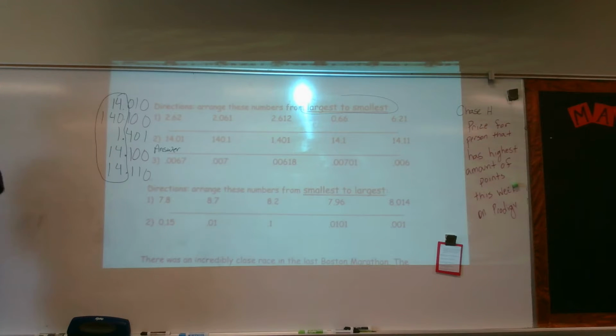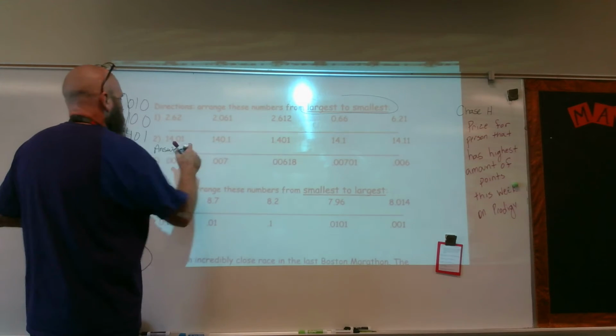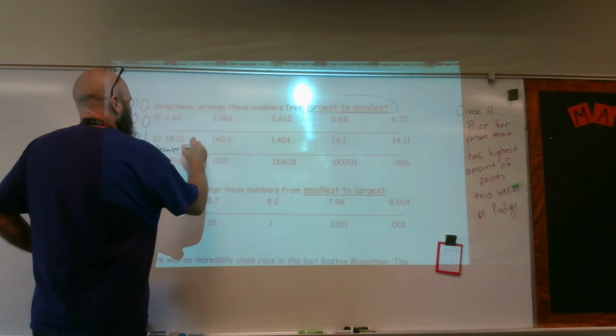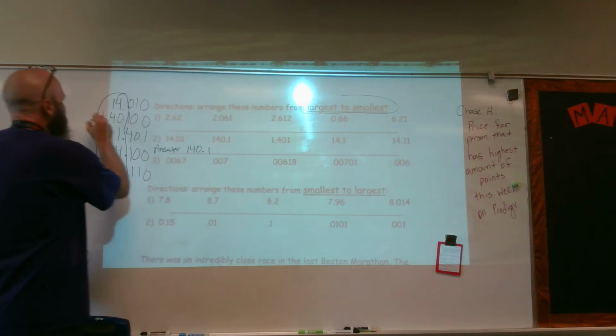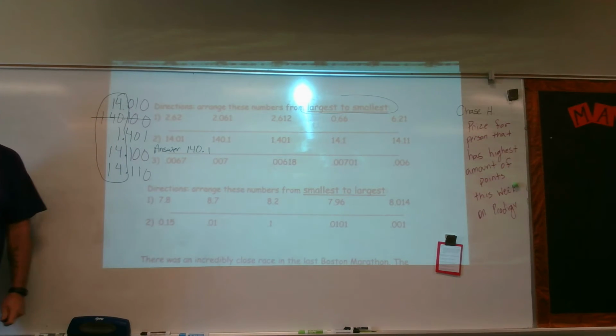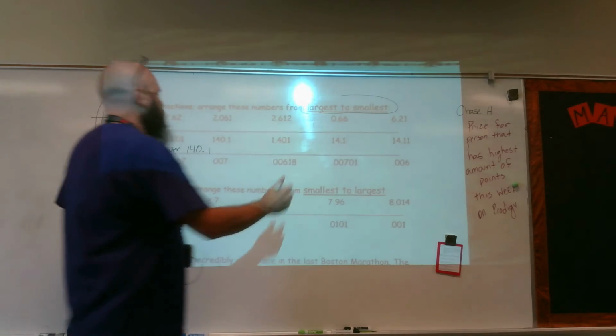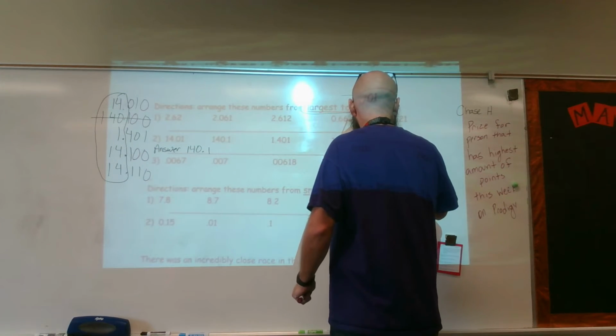So can I tell anything by looking at the numbers in front of the decimal point? Yes, ma'am. The largest one is 140 in front of the decimal point, which makes me here 140 and 1/10. Can I tell anything else by just looking at the whole numbers? The smallest is 1. The smallest is 1 and 401 thousandths.